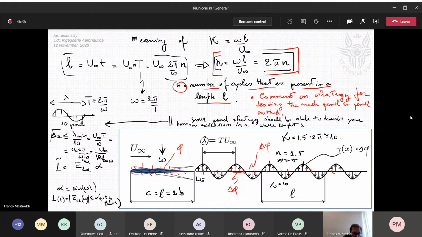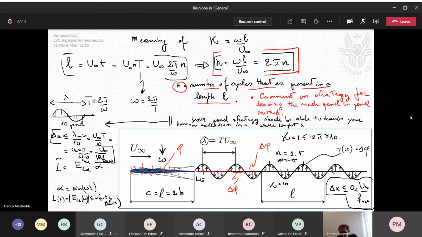So this final formula, let me write it here: delta x less than, divided by 10 means 0.1, U by maximum frequency. It is the rule of thumb, the magic formula for deciding the number of panels necessary to represent your unsteady phenomena.